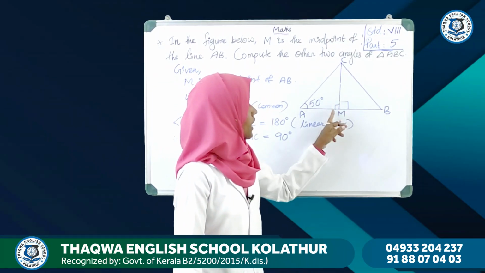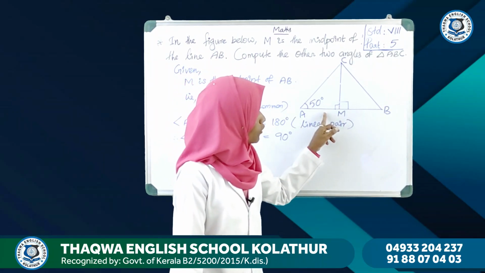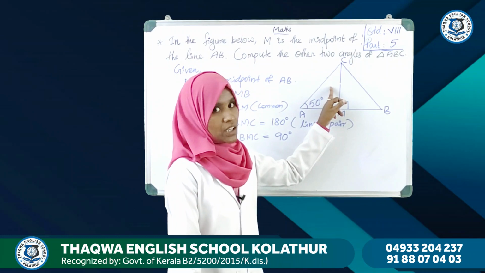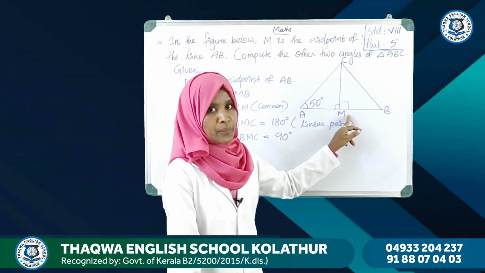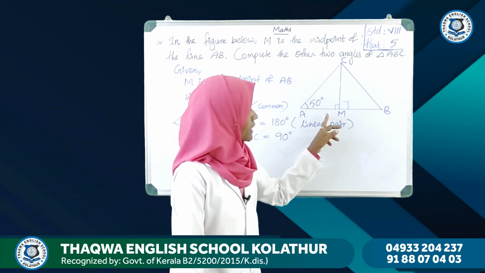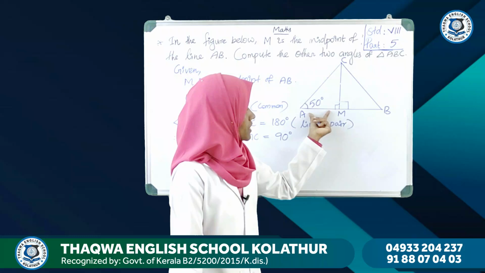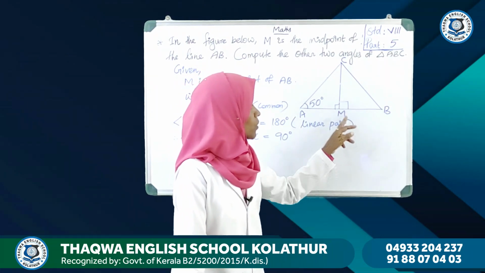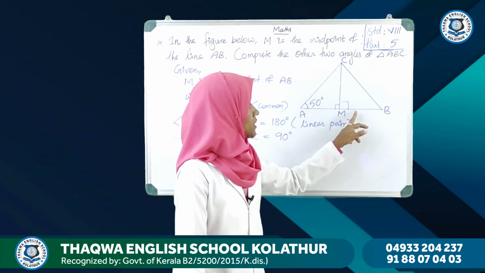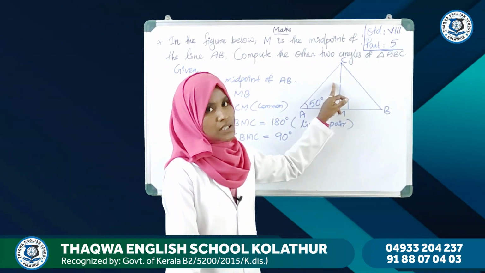Two sides and the angle made by them of triangle AMC and triangle BMC are equal. Okay. The angle AMC is made by the sides AM and CM. Here also the angle BMC is made by the sides BM and CM.